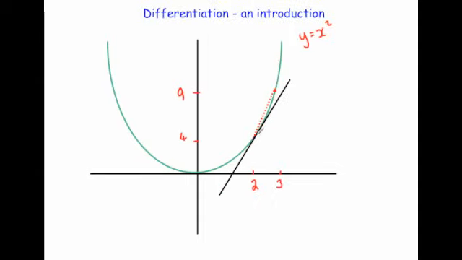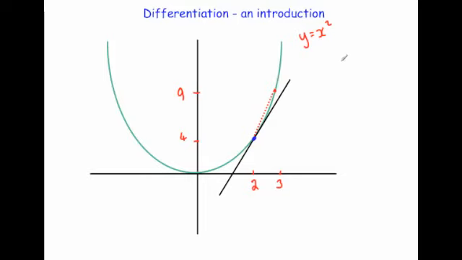Let's just say, for instance, I want to work out the gradient of the tangent at 2, 4, at the coordinate 2 across, 4 up. So I've chosen a point on the curve, 3 across, 9 up, as 3 squared is 9, and I'm going to work out the gradient of this red dotted line, this chord.